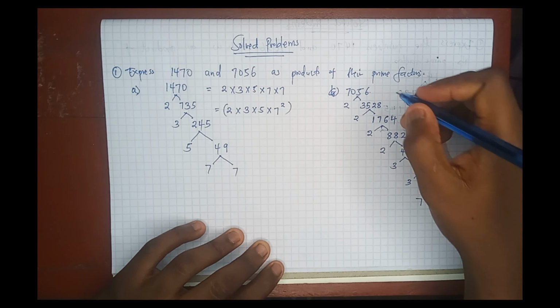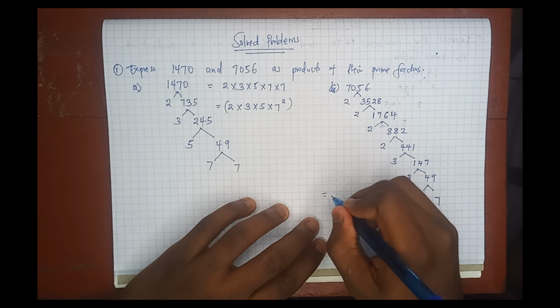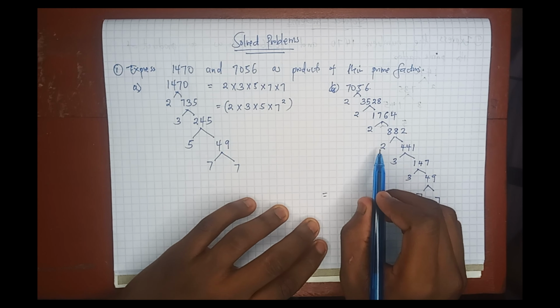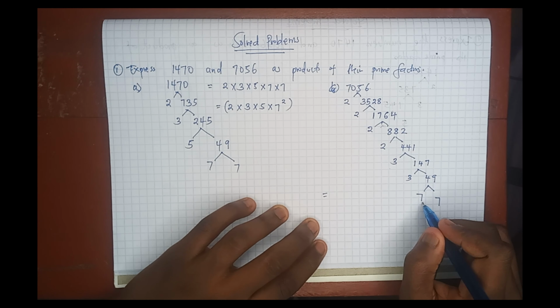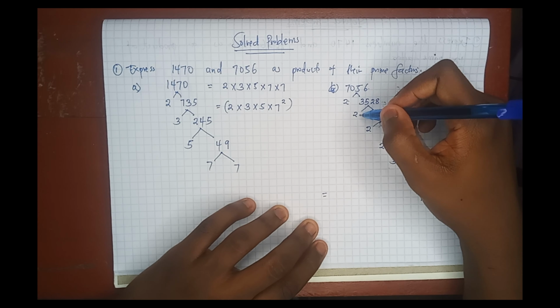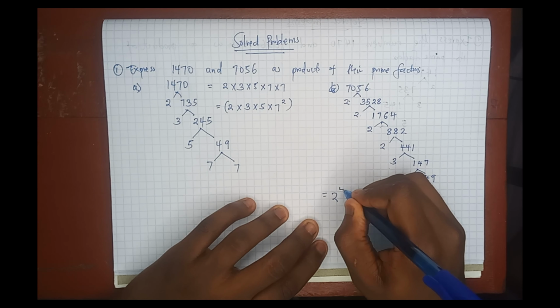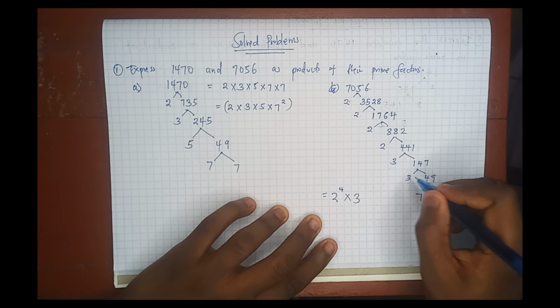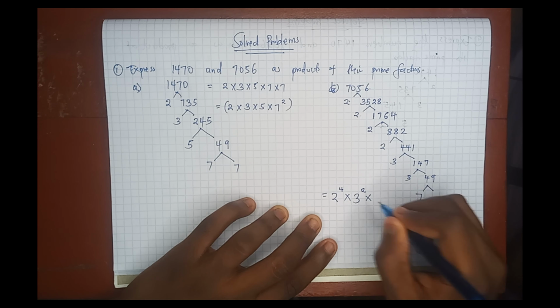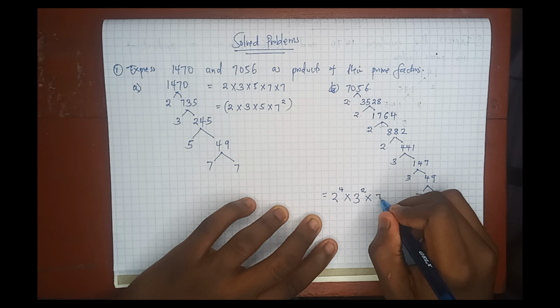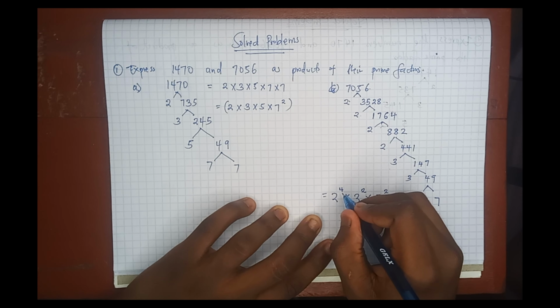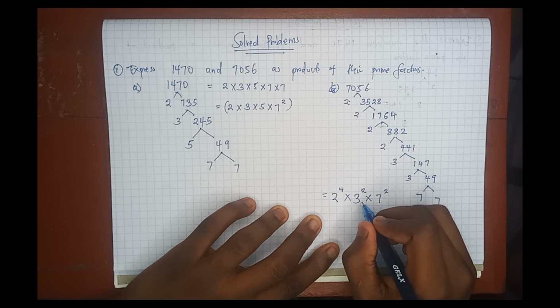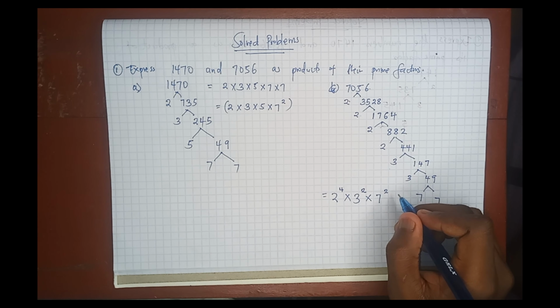So 7056 is equal to 2 times 2 times 2 times 2 times 3 times 3 times 7 times 7. So 2 multiplied by itself 4 times, 3 multiplied by itself 2 times, so that is 3 squared, and then 7 squared. So this is read as 2 power 4 times 3 squared times 7 squared.